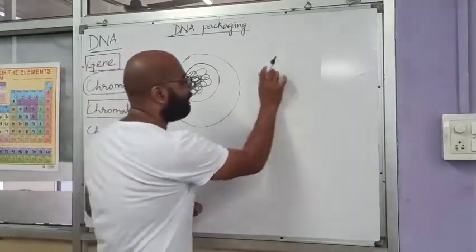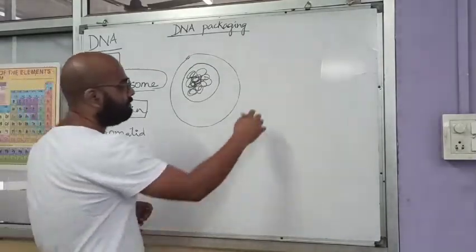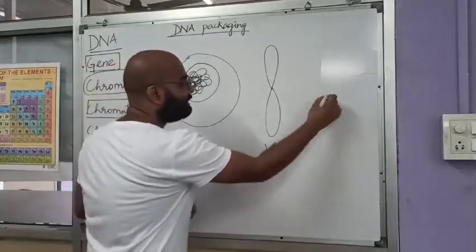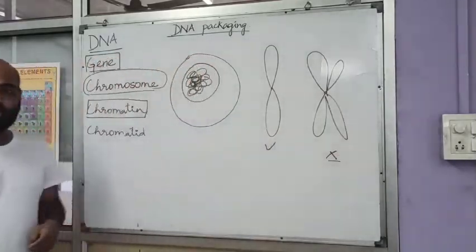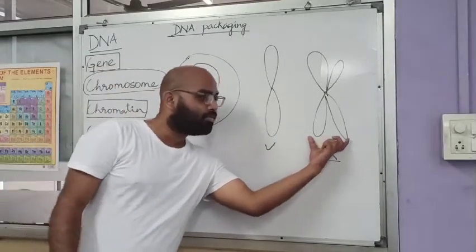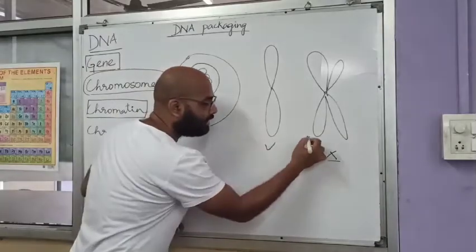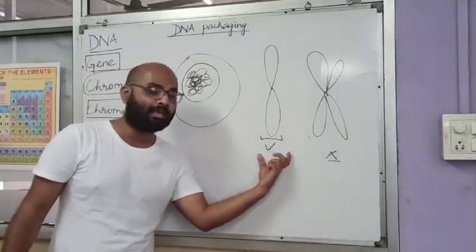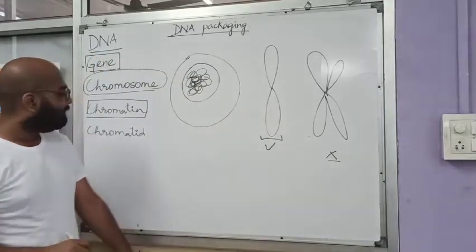Again, one very basic point. If someone asks you the structure of a chromosome, always imagine a structure like this, but not this, because this is the chromosome in metaphase, not the actual structure of the chromosome. I think you have studied this in the cell cycle chapter of your first year syllabus.